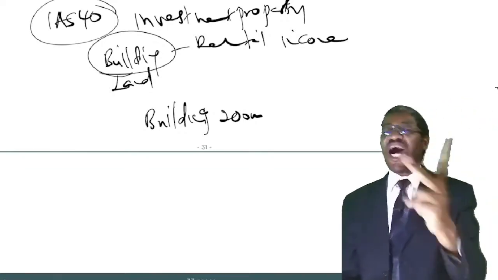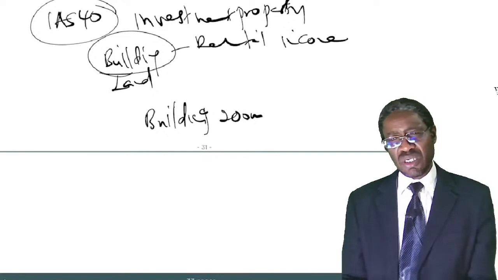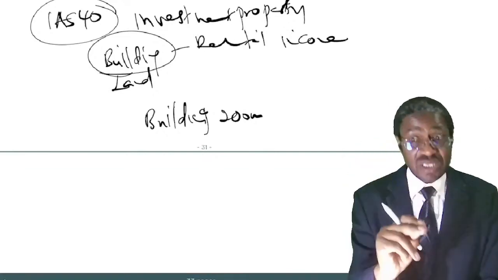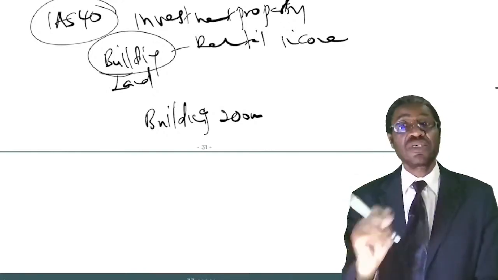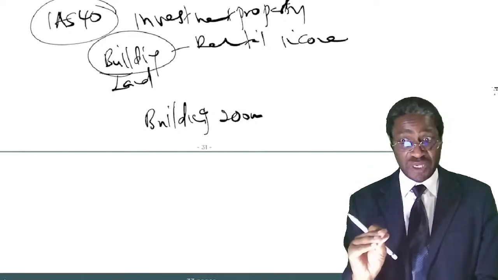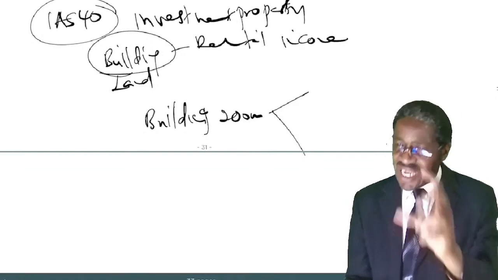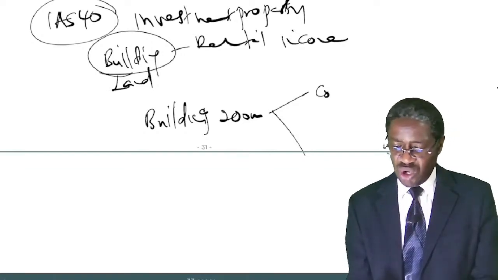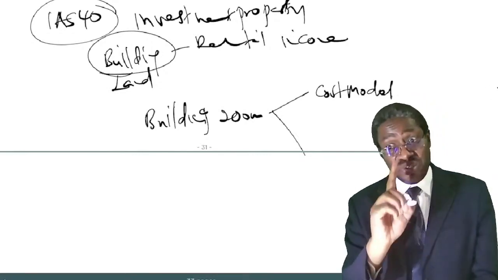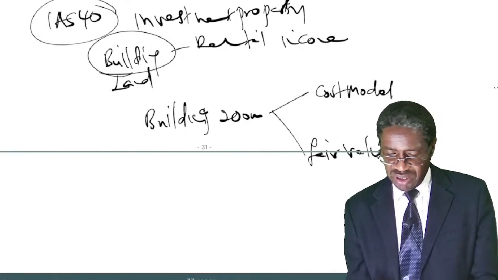Now, there are two methods that the accounting standard requires you as a company can choose from in treating this investment property. Now, we are not calling it a building. It's an investment property. One, you can maintain it in your books at what we call the cost model, or you can use another model we call the fair value model.